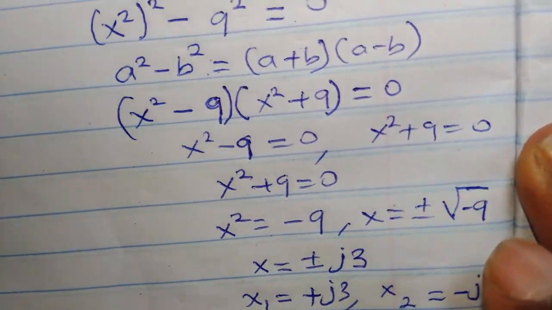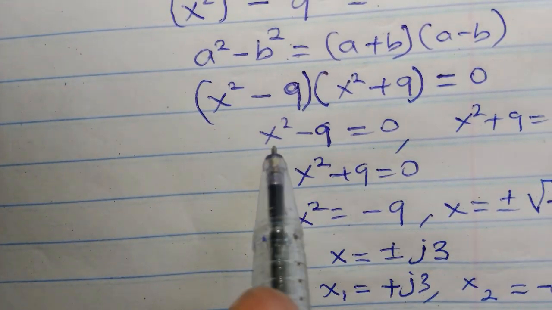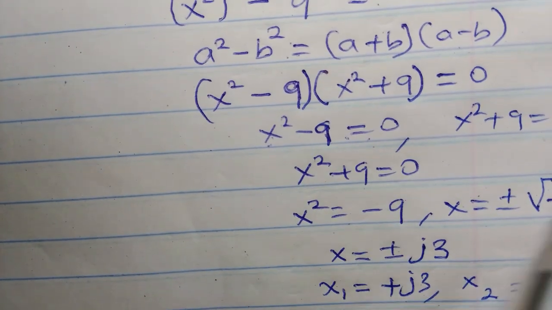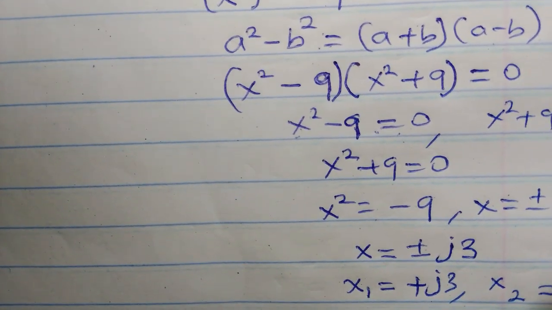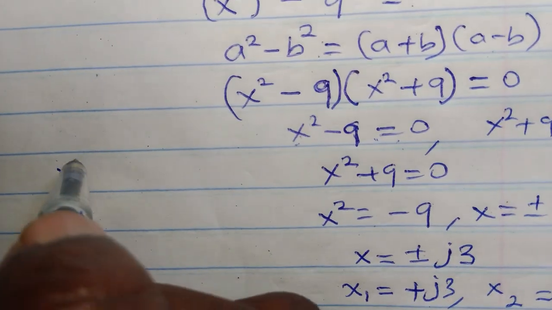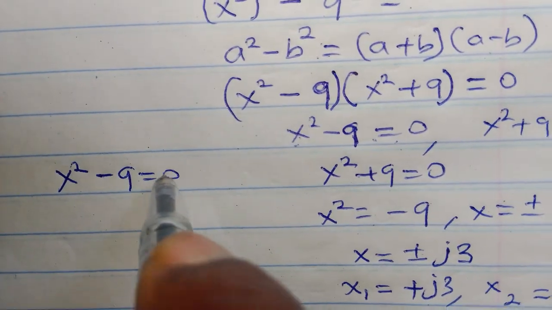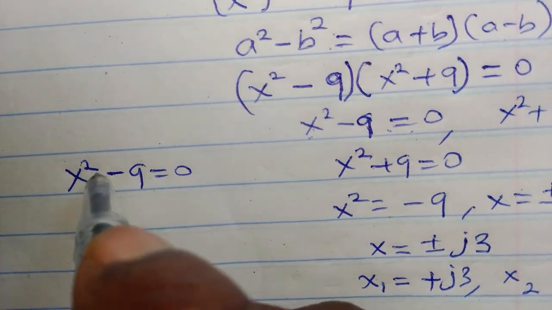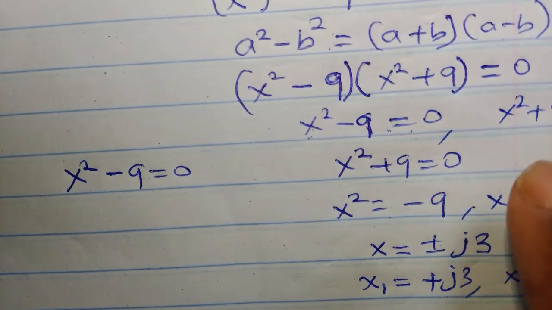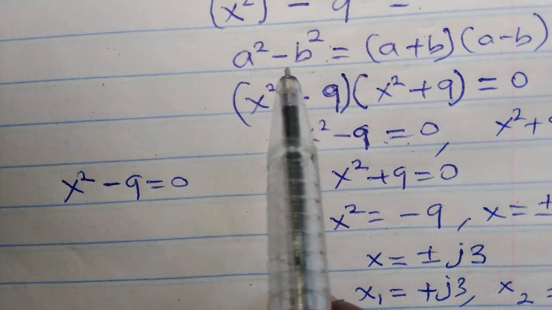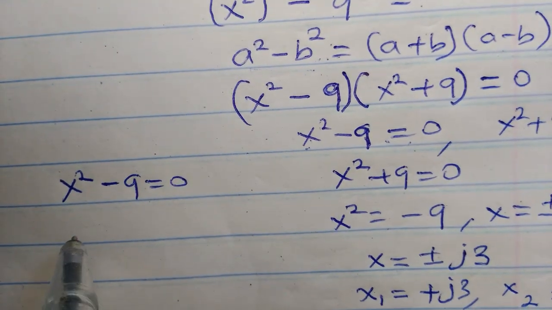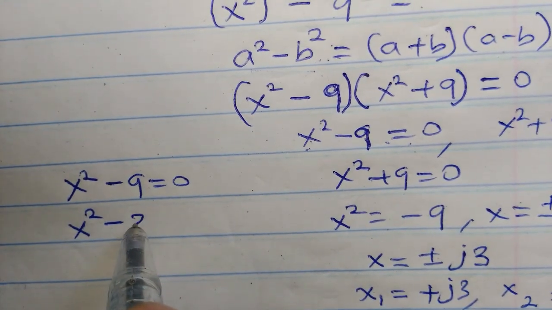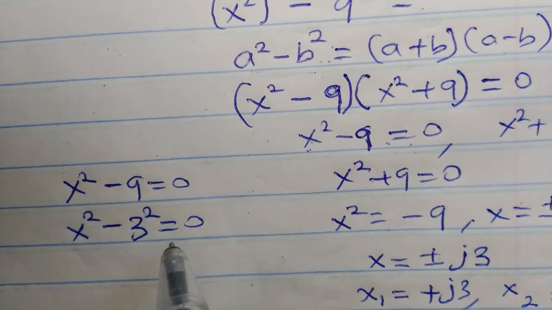So if we are to solve for x square minus 9 equals 0, we simply have x square minus 9 equals 0. We can write this in the form of a difference of two squares, like what we did here. So if we do that, we have x square minus 3 to the power of 2 equals 0.